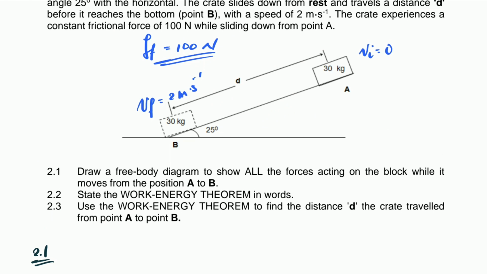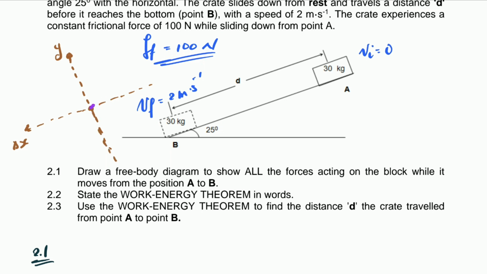All right, so the one with the axis, remember I said you are going to have the x-axis that's going to correspond to the surface, and this is more or less corresponding with the surface, and with the x is the displacement. That one is for the purpose of the angles later on, but the rest of the thing is exactly the same. So what forces are acting on this object as it's sliding down?